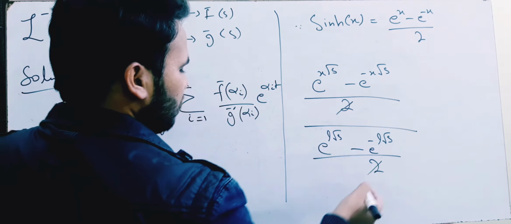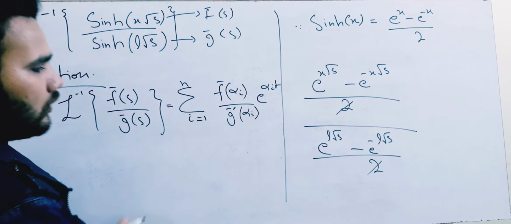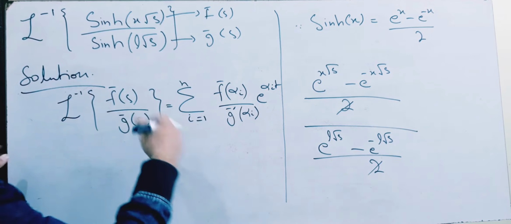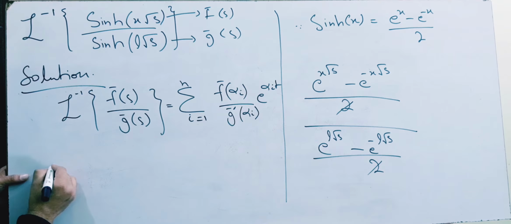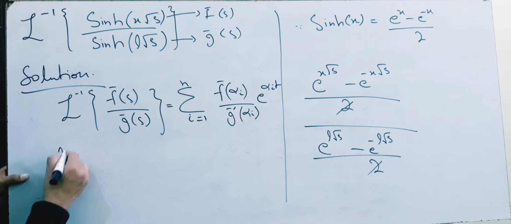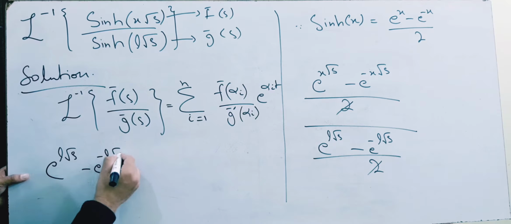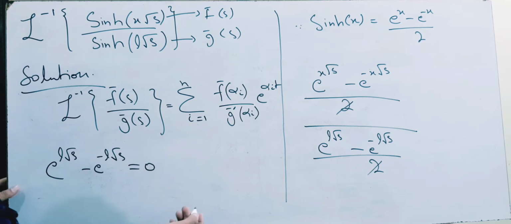So 2 and 2 will be cancelled. Now we will equate the denominator to 0 for alpha i. We will get e power l square root of s minus e power minus l square root of s equals 0.